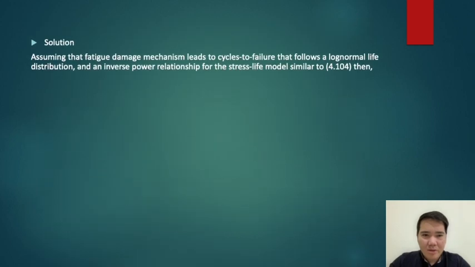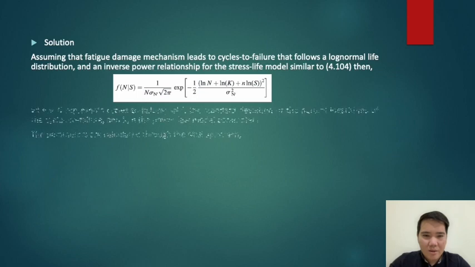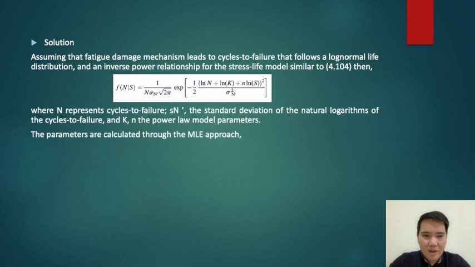Assuming that the fatigue damage mechanism leads to cycles to failure that follows a log normal life distribution and an inverse power relationship for the stress-life model similar to 4.104, then the formula where N represents cycles to failure, Sn the standard deviation of the natural logarithms of the cycles to failure, and k and n the power law model parameters. The parameters are calculated through the MLE approach.